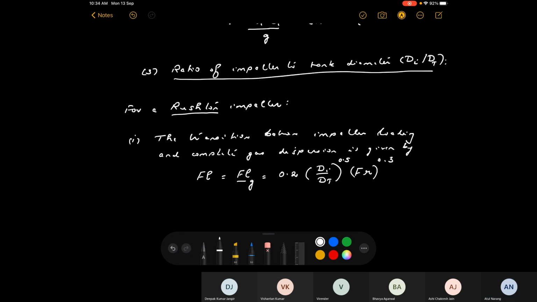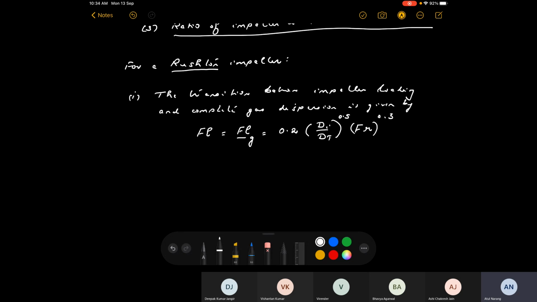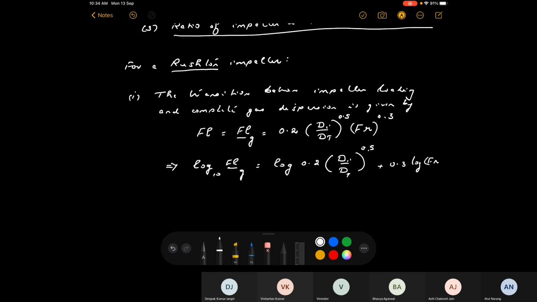So, graphically, this implies that log to the base 10 of FL_G equals log of 0.2 di over dt to the power 0.5 plus 0.3 log of Fr, the Froude number.